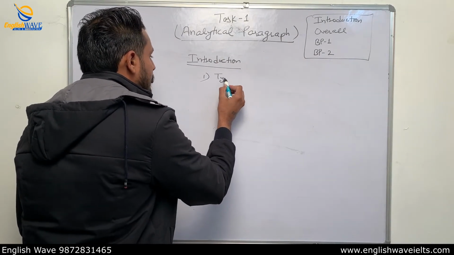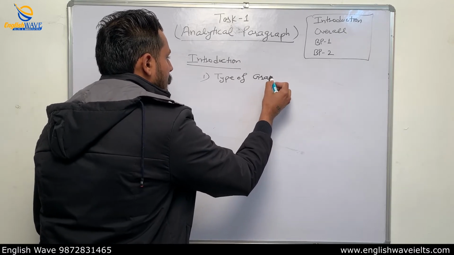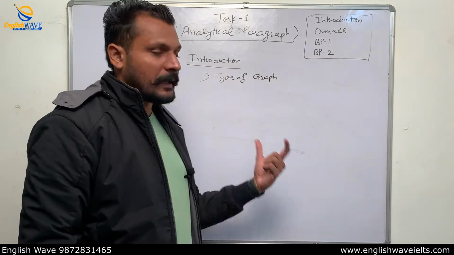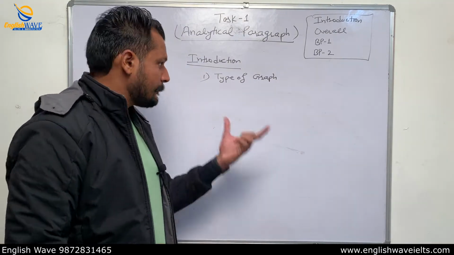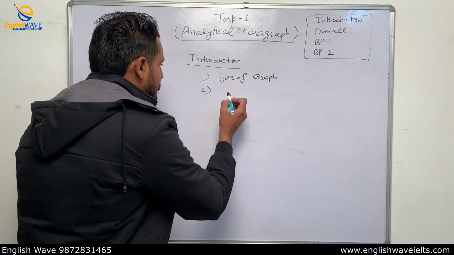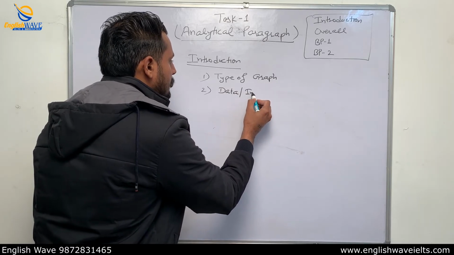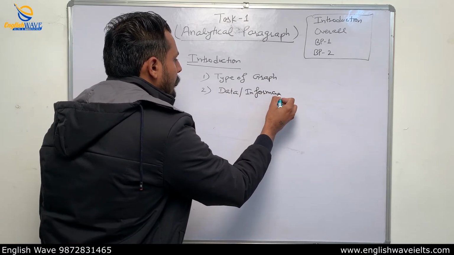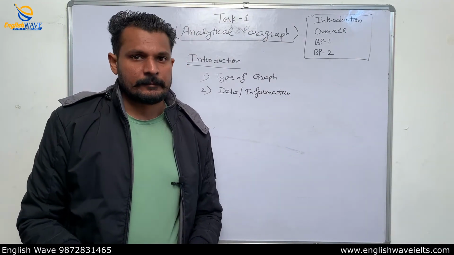That is the type of graph, whether it is a line graph, pie chart, process chart, map chart, and so on. Next thing that you have to assess is data or information, meaning what the graph is talking about.